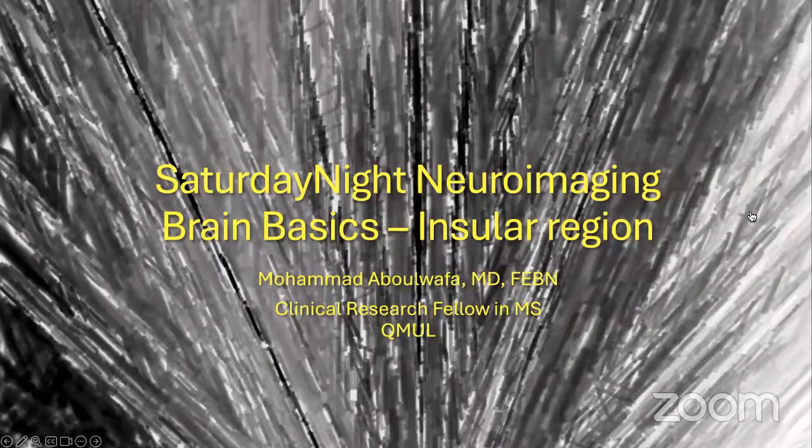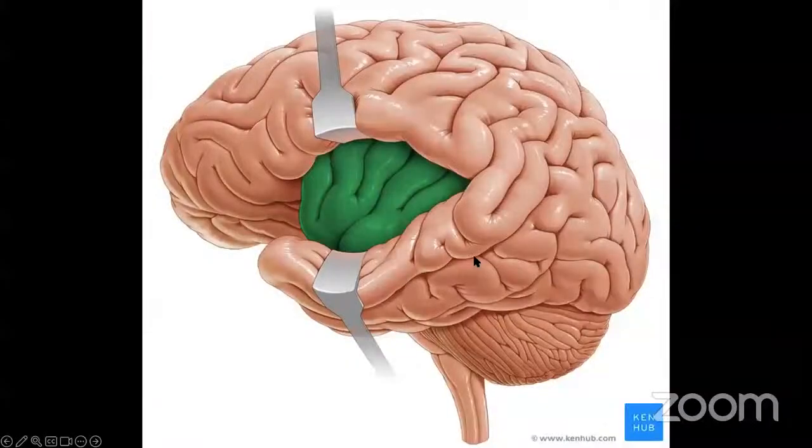So today, as we agreed, we will be discussing the insula. This structure is really a mystery because it's hidden on the undersurface of the cerebral cortex, as we all know.